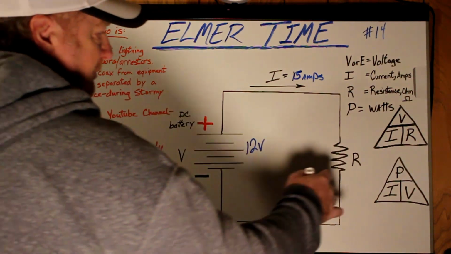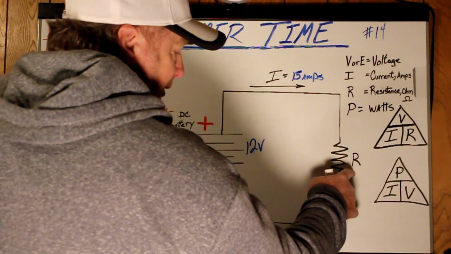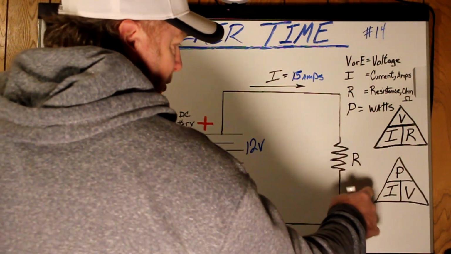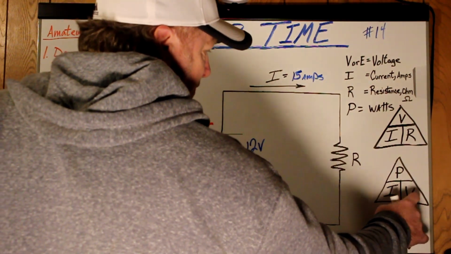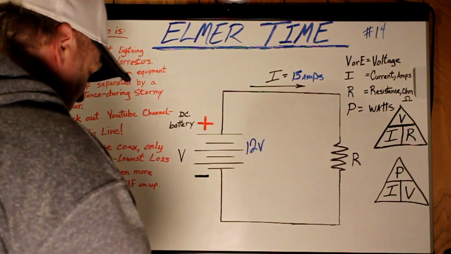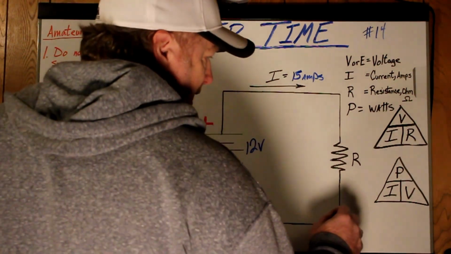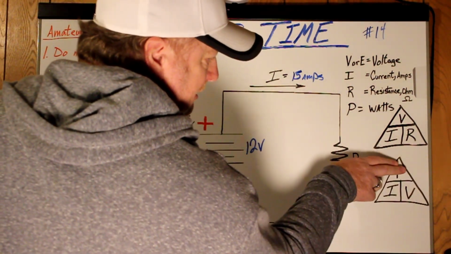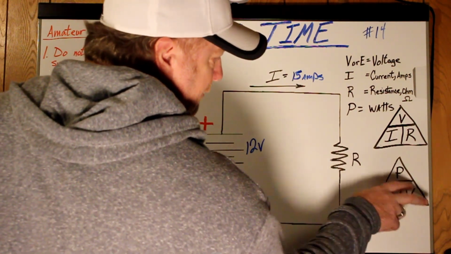Now we really don't have to solve for the resistance because we already have two of the three to make the equation work out, because we're looking for P. We need current and voltage.